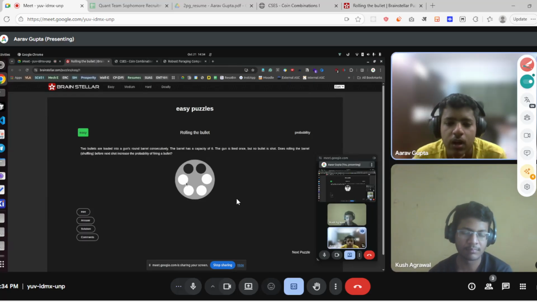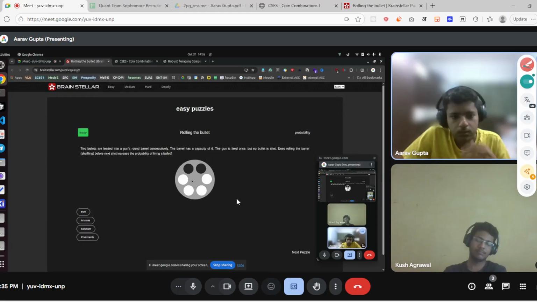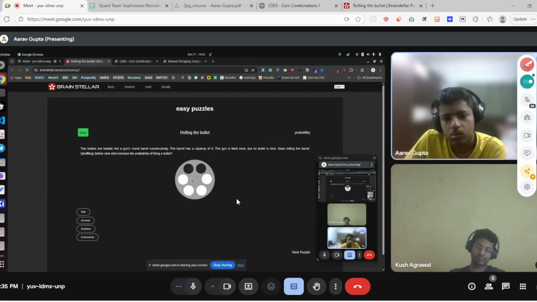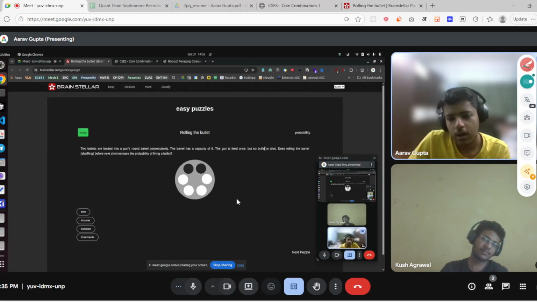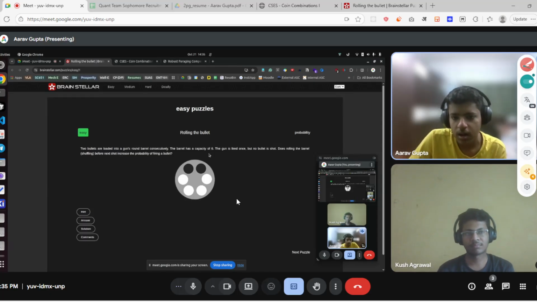So we assume that shuffling it will rotate it in any random way. What I think is, if shuffling it will just put the two bullets in any random position, then we are back at the start.